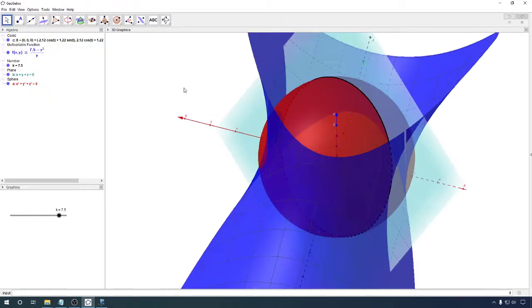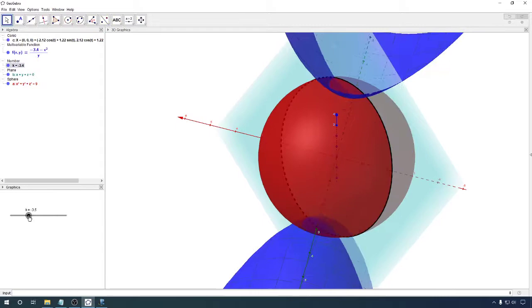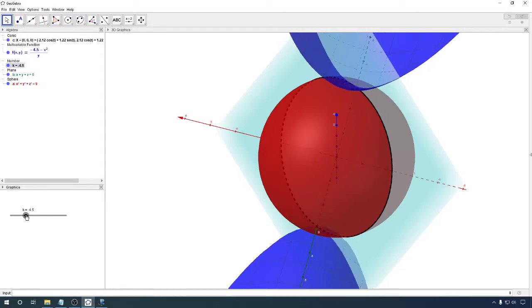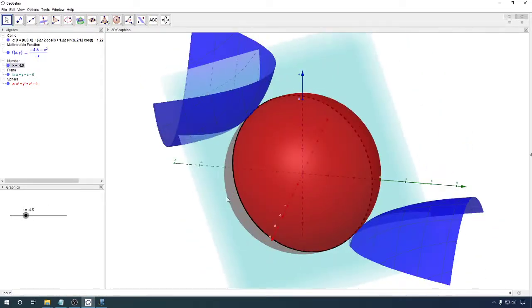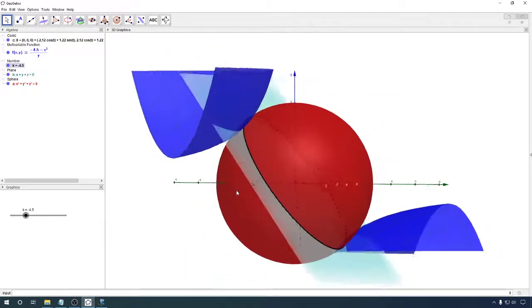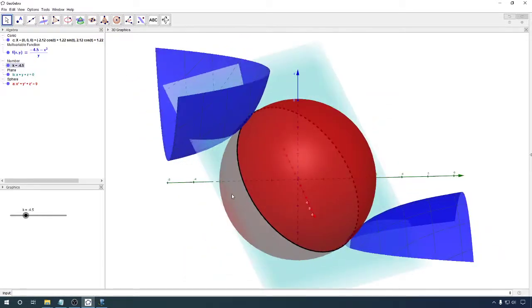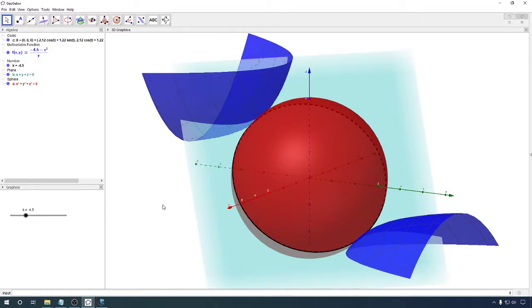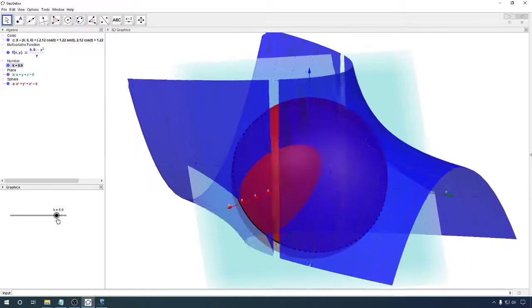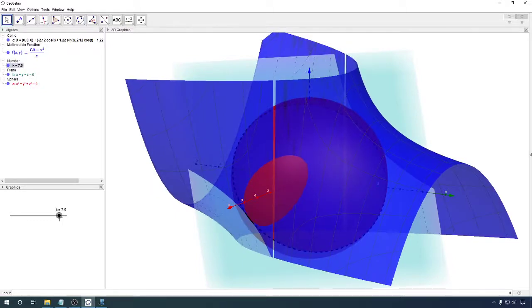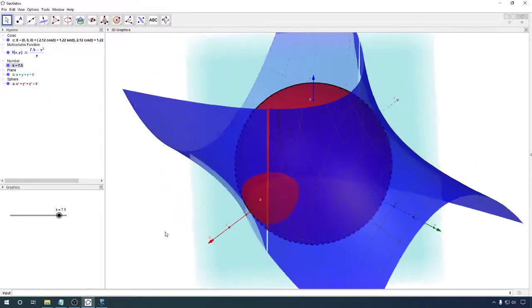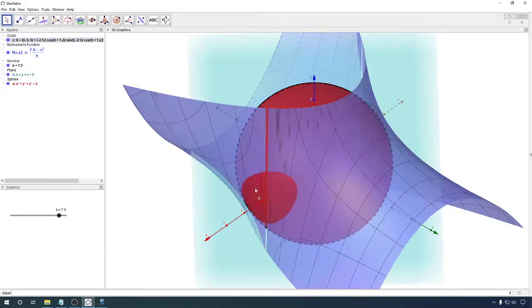And how is this level surface going to be related to the sphere and the plane? Well, down here at negative 4.5, we actually can see that our level surface is going to be tangent to the sphere. That's really nice. But when we're up at the other end at 7.5, even though our level surface was tangent to the circle, it's not tangent to the sphere.